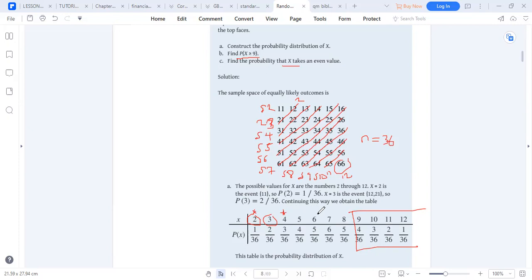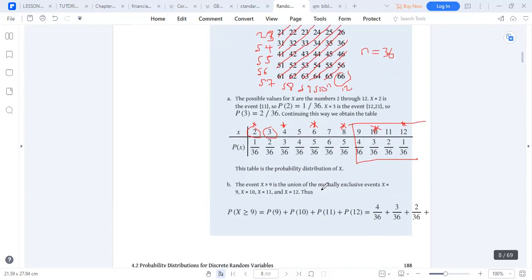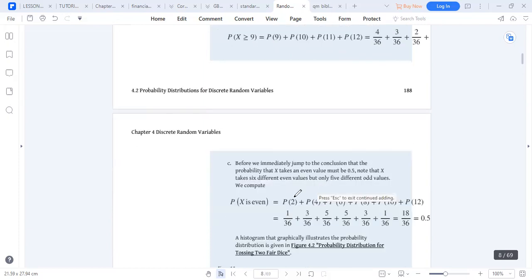Which one? 6, 8, 10, and what? 12. Are together. Yes. So even numbers, we have 2, 4, 6, 8, 10, 12. When you add them, 1 plus 3 plus 5 plus 5 plus 3 plus 1, we get 18 over 36, in decimal, which is 0.5.